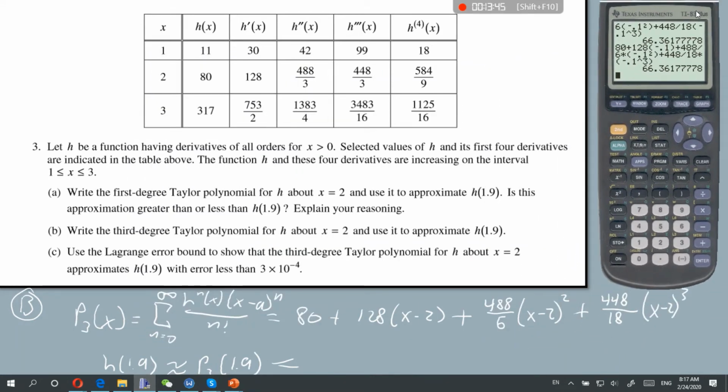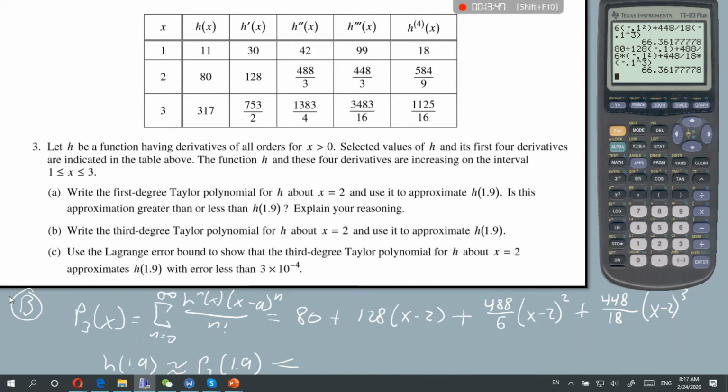Okay, where'd we go wrong? 80 plus 128 (x minus 2) plus 488 over 6 plus 448 over 18. Okay, that all looks fine. Approximating at 1.9, 1.9 minus 2 is negative 0.1. That all looks fine too.